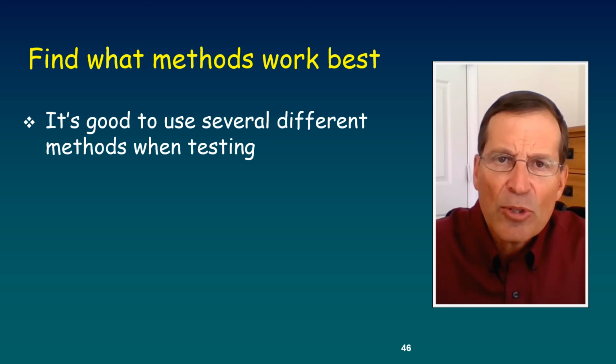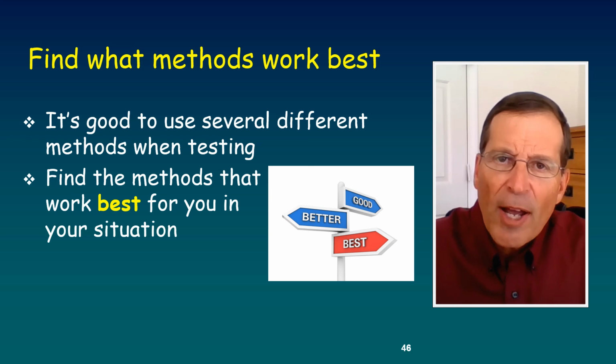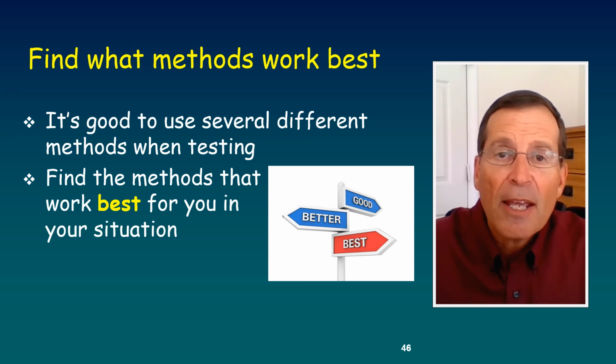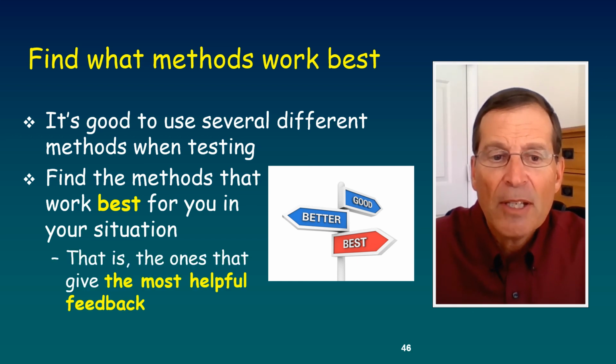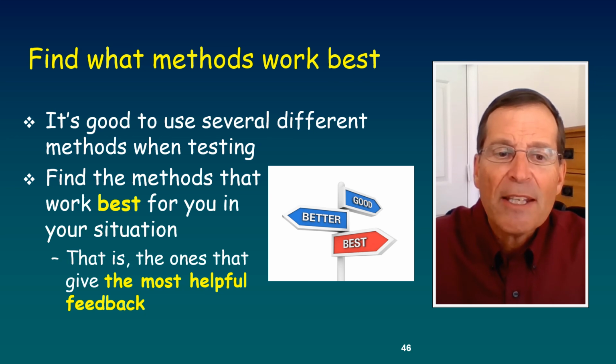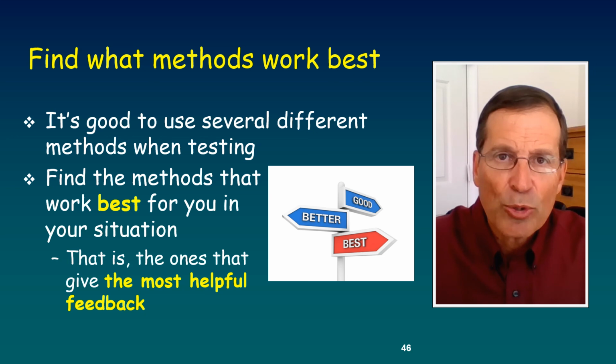It's good to use several different methods when testing. So find the best methods that work the best for you in your situation. And those might not be the same for each team. Different teams may find that different things work better for them. Find the ones that give you the most helpful feedback for improving your translation.